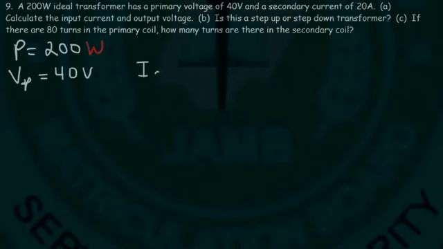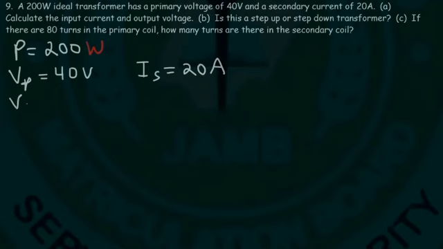So let's begin. So the power is equal to 200 watts. And we know that the primary voltage, which is the input voltage, Vp, that's 40 volts. And the secondary current, Is, is 20 amps.